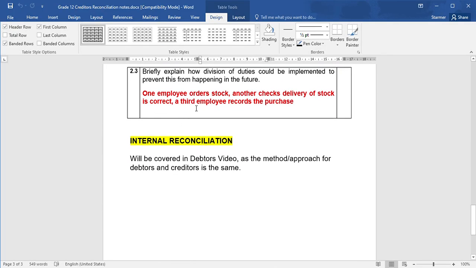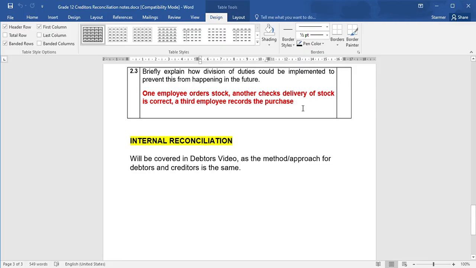So one employee could make the order, the next could check the delivery of stock when it arrives, count all the stock, check that it agrees with what was ordered, and then the third employee could actually report the purchase. It's not to say that these three people couldn't get together and still do what the other employee had been doing, in other words, stealing stock, but it's more difficult when you've got more people involved.